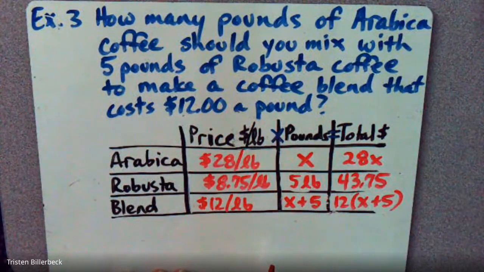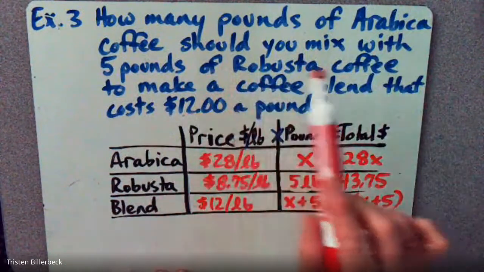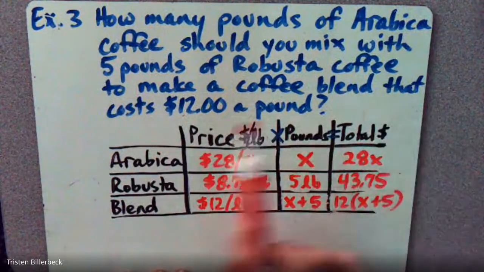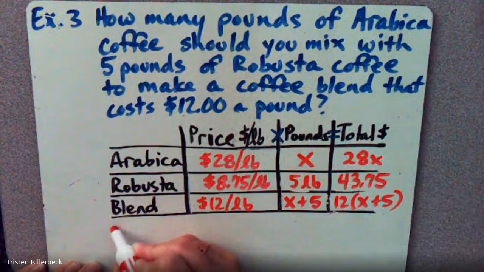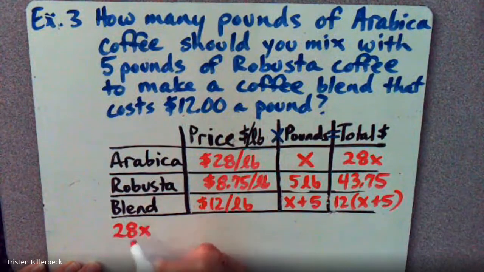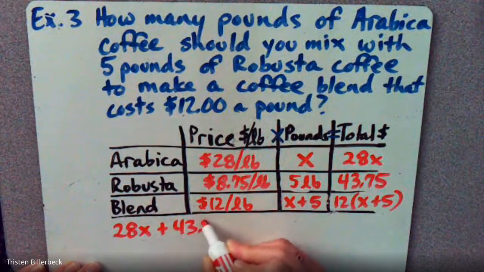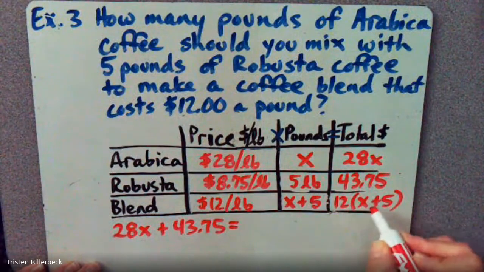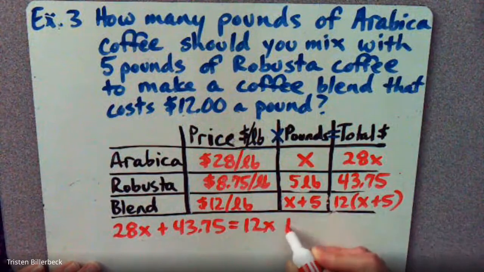And then that's going to help us answer the question, how many pounds of Arabica coffee should we mix with 5 pounds of Robusta coffee to make the coffee blend that costs $12 a pound? Okay, so we take this 28x, and then we add 43.75. And then that's going to equal, let's distribute this here, so 12x, and then 12 times 5 is 60.